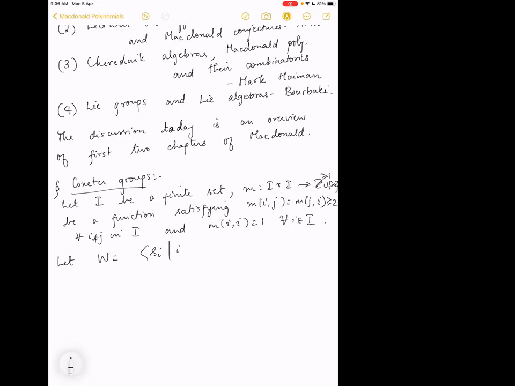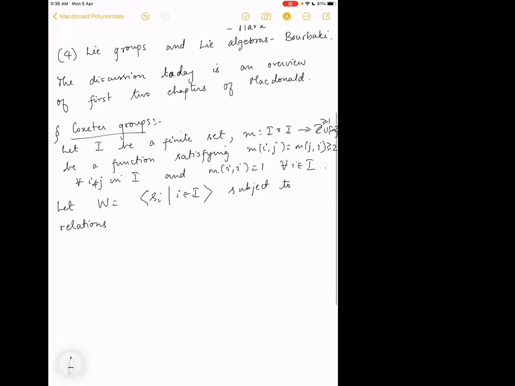that has the following presentation: it has generators s_i indexed by i in I, subject to the relations (s_i s_j) to the power m of ij equals 1 whenever m of ij is less than infinity.